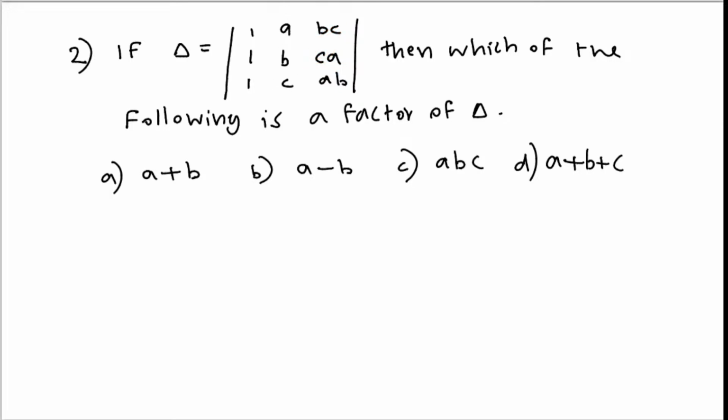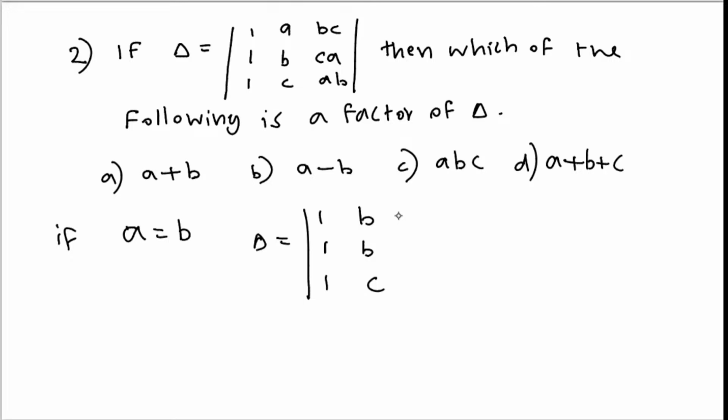So we can just assume or put a value as A equal to B. Let's put that. If A equal to B, we get the determinant as 1, 1, 1. This column remains the same. A equal to B, so replace A with B. So B, and the second row remains the same. B remains the same. C.